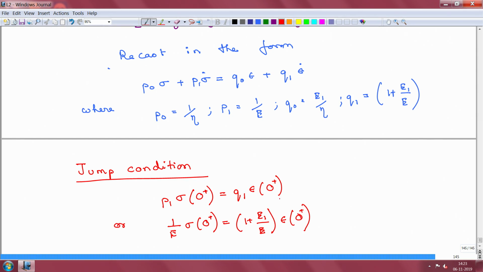So, this is a more general result. Irrespective of what P0, P1, Q0 and Q1 are, this result holds, assuming that none of these other quantities are 0. So, if P0, P1 and Q0 and Q1 are non-zero, then this relationship holds true.